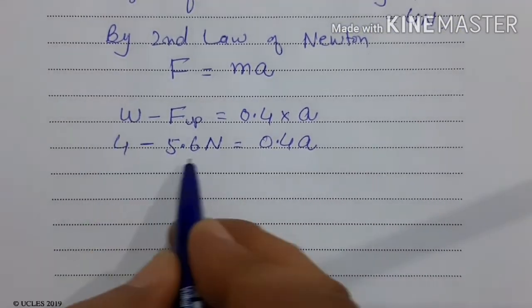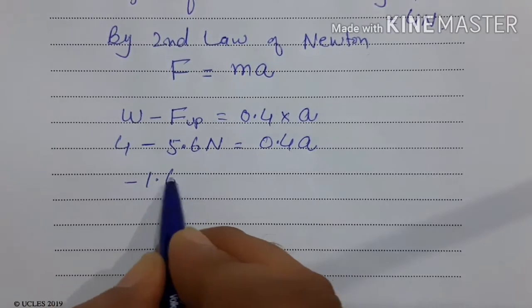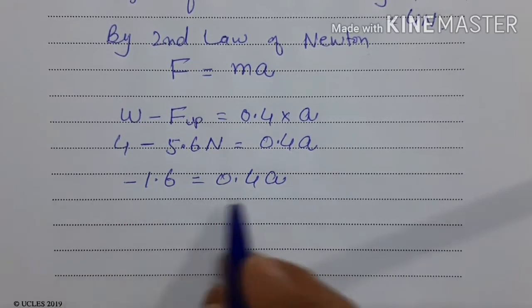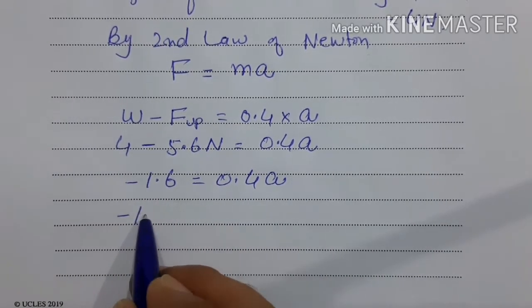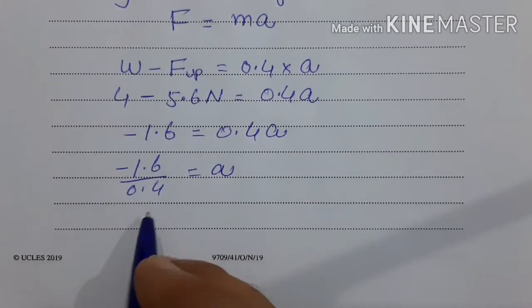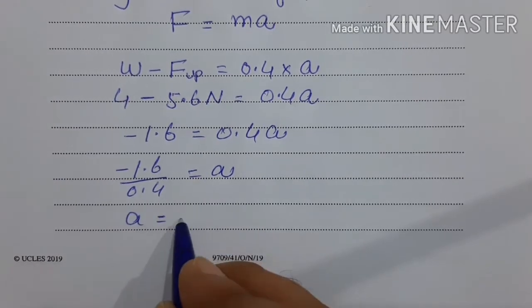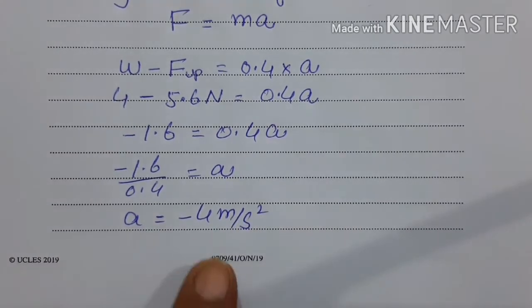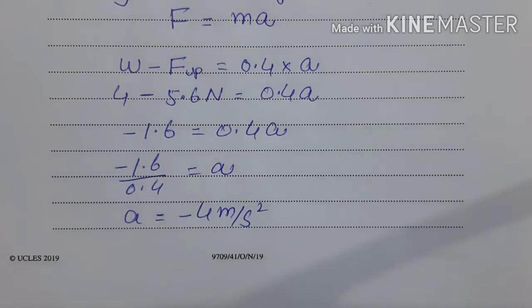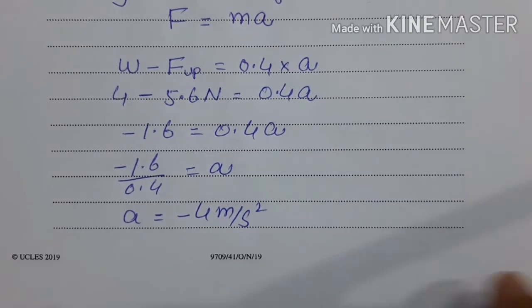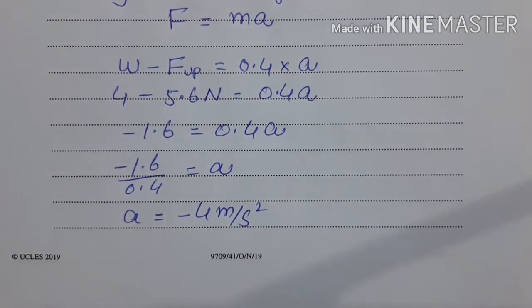So this will become minus 1.6 is equal to 0.4 a. Bring this 0.4 to the left side. Minus 1.6 over 0.4 is equal to a, or a is equal to minus 4 meters per second square. This negative sign is showing that the particle is actually decelerating because of the resistance from the water.